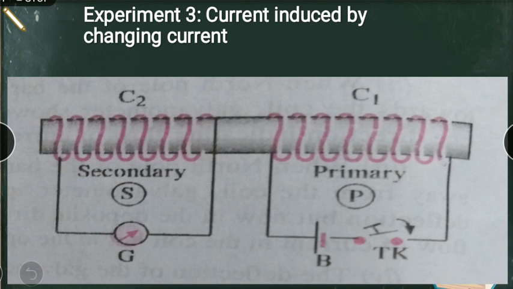Let's see. If we close or press the key, the circuit will be closed, so current starts to flow.